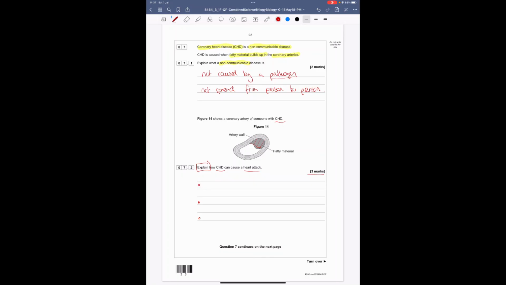What is it actually doing then? Well, the fatty material is reducing the amount of blood which can flow. Therefore, the muscle, the heart muscle in particular, is getting less oxygen.